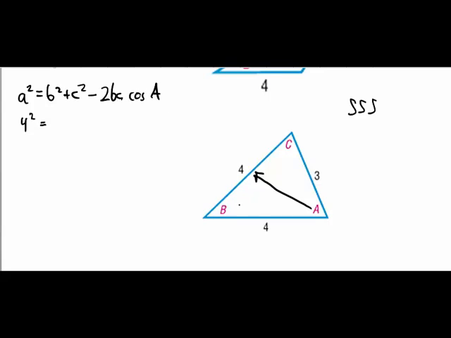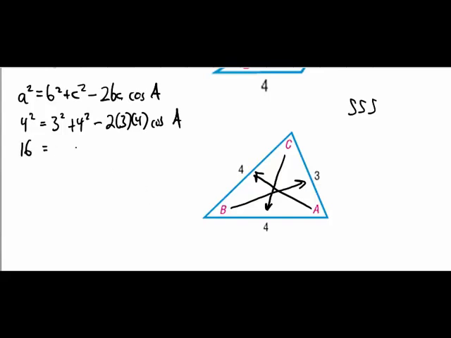We do know B side length, which is across from angle B, is 3 squared. And then the last missing one would be this 4 squared right here. Minus 2 times 3 times 4, cosine capital letter A. Okay, so let's do some algebra.